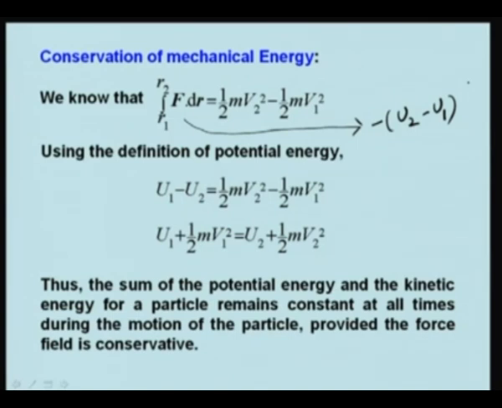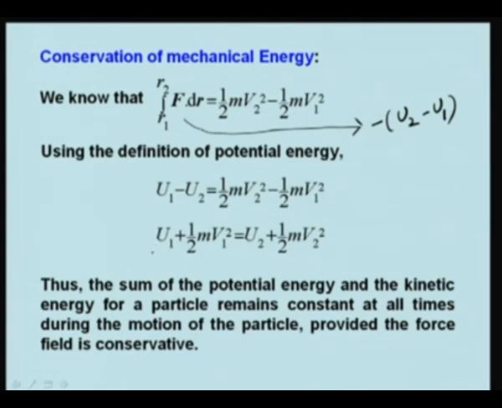Now, this point is important, that the integral from r1 to r2 of F dot dr is basically U1 minus U2, not U2 minus U1. Using the definition of potential energy, U1 minus U2 is equal to half m v2 square minus half m v1 square.